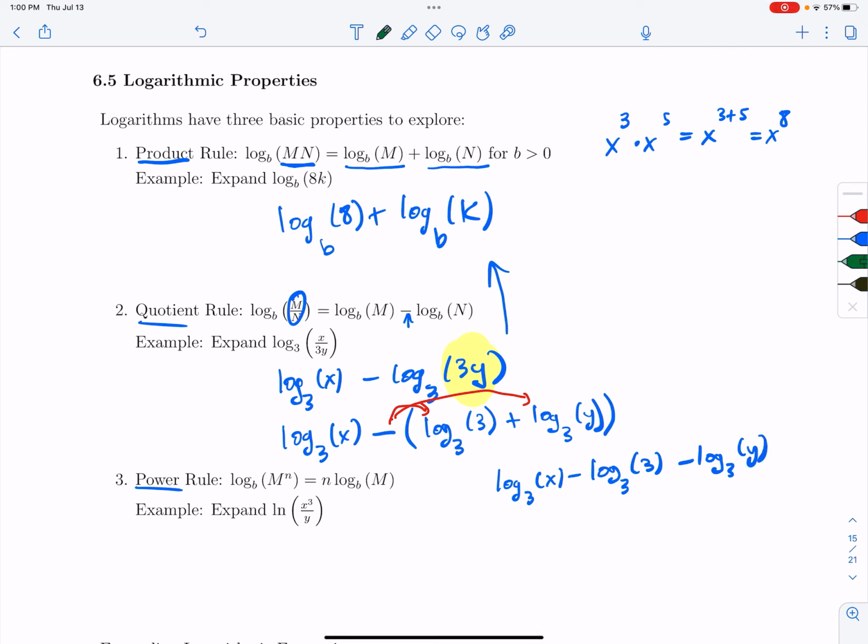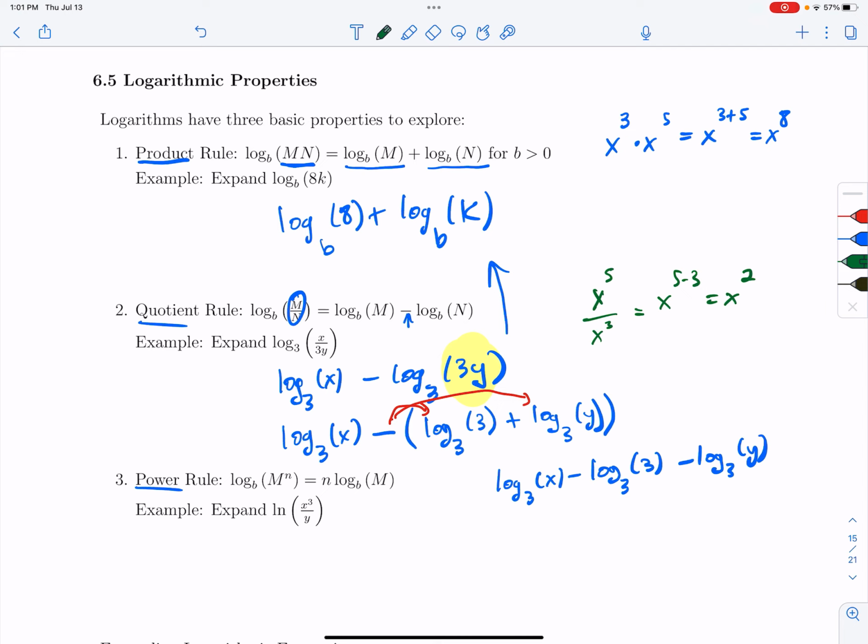And we can remember this rule because when I'm dividing terms that have the same base, I subtract those exponents. So x to the 5 minus 3 is equal to x squared.